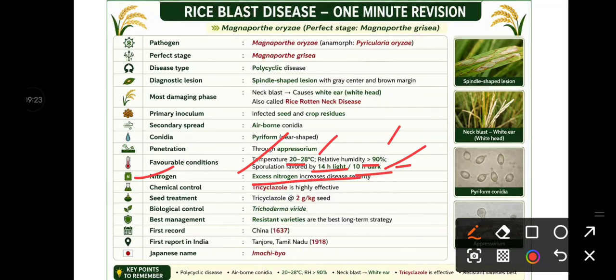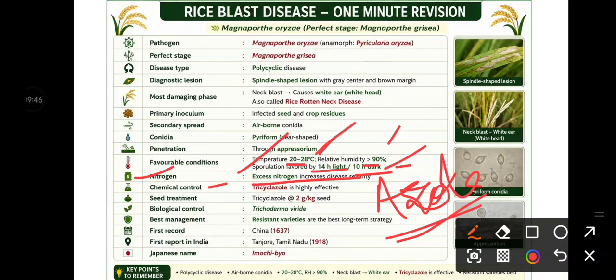Then about the management. For chemical management, the azole group of fungicide is very effective, because it interferes with melanin biosynthesis, which is very important for appressorium formation.